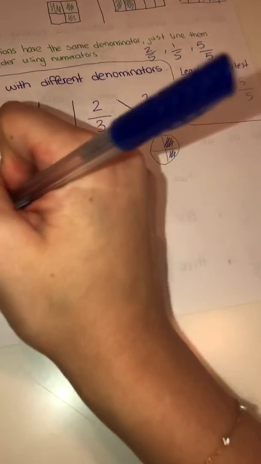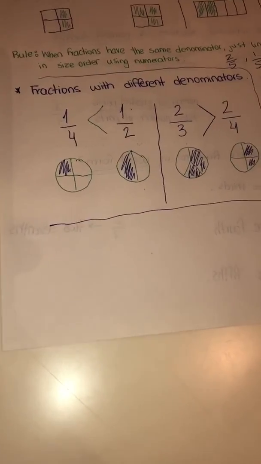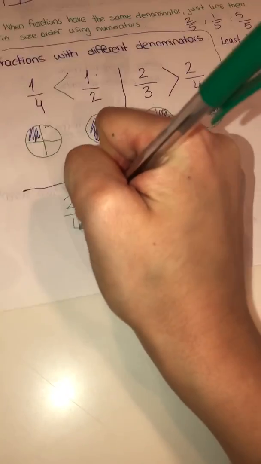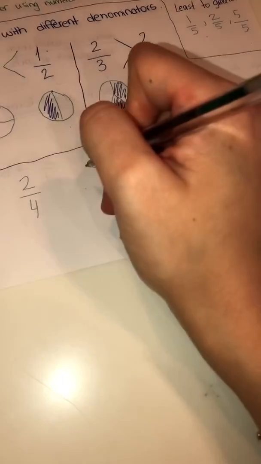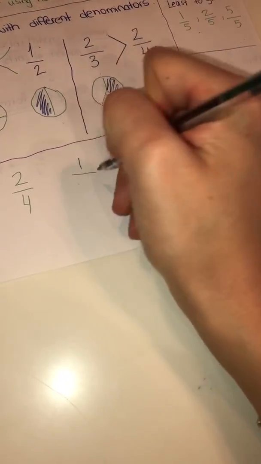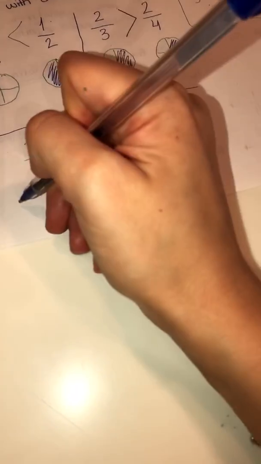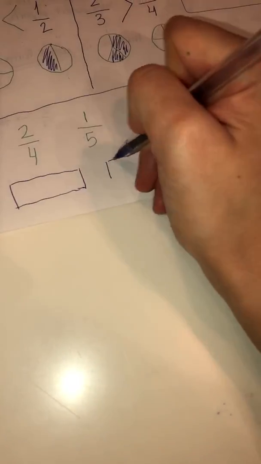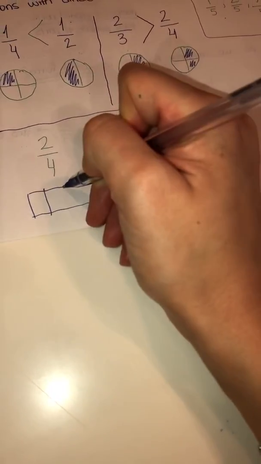Now, one last example on comparing fractions with different denominators. Let's take this for instance: 2/4 and 1/5. How do I compare them? Let's draw. I'm going to draw a rectangle this time and also here a rectangle. For the first fraction, I'm going to divide the rectangle into 4 parts.